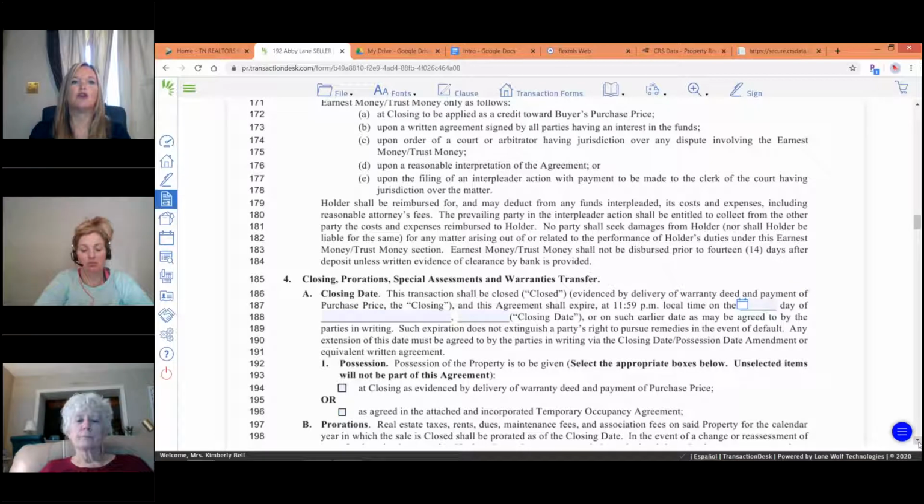So it can be used by court order from the arbitrator, the earnest money, or reasonable interpretation of the agreement. So by that right there, most brokers will say, well, I don't agree with the other broker. If they want that money, they need to take me to arbitration.